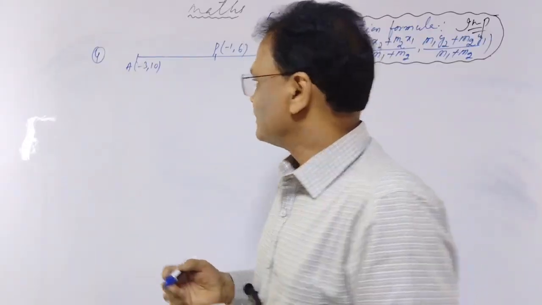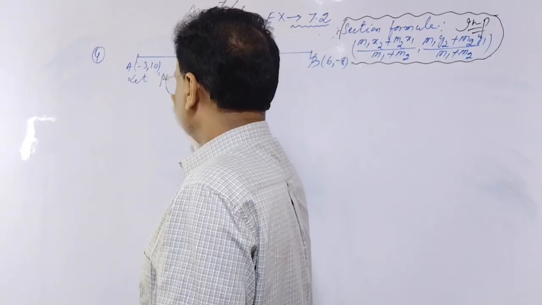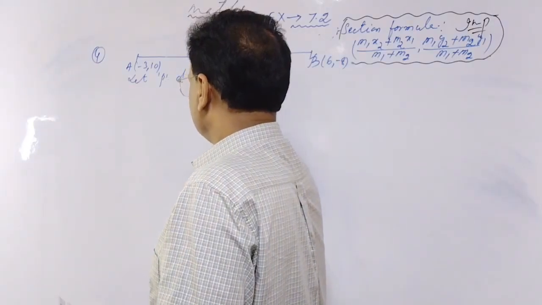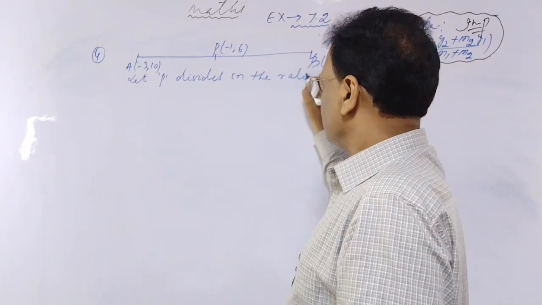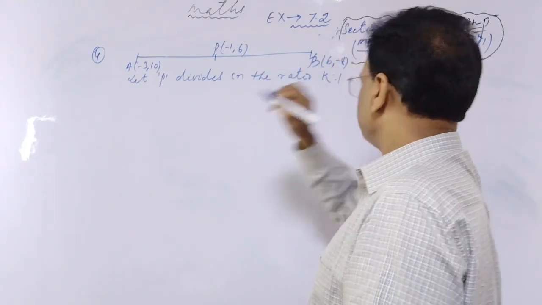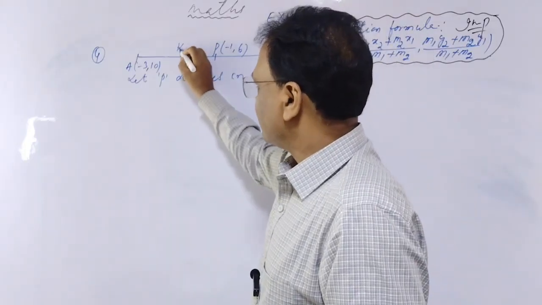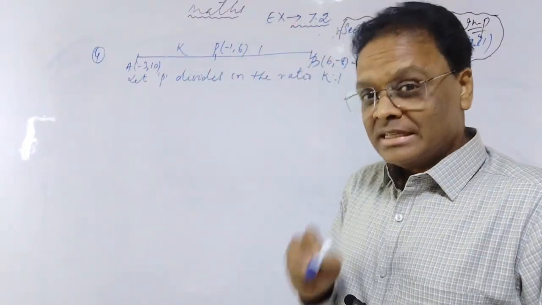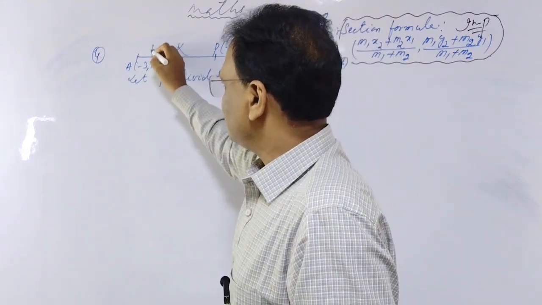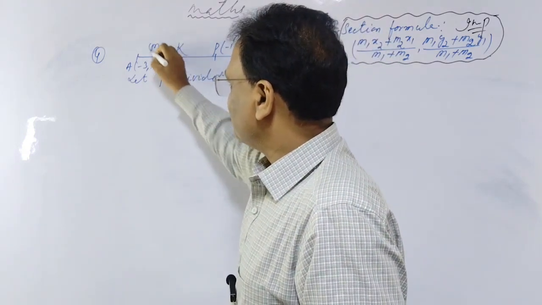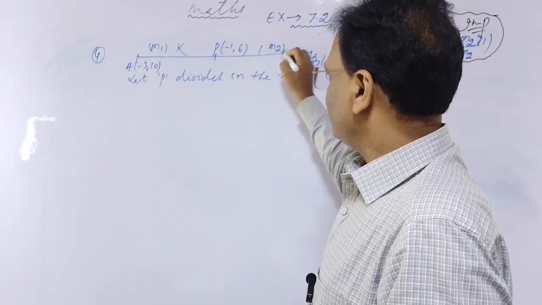So let point P divide it in the ratio K:1, because we don't know the ratio. So my M1 becomes K and my M2 becomes 1.